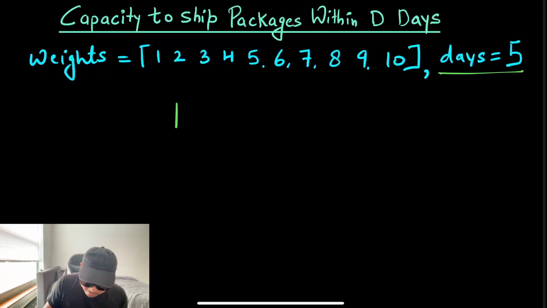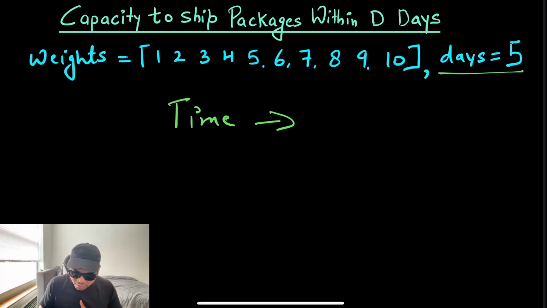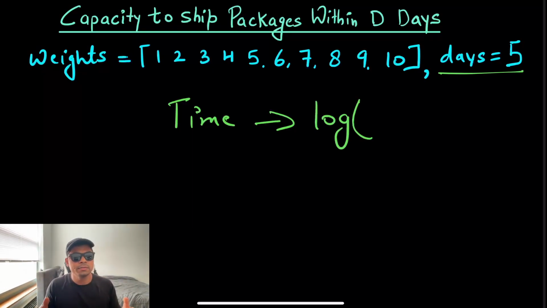So time complexity would be: you are doing binary search on the range of capacity, from the minimum value to the maximum value. So we could just say from 1 to the maximum k, so let's choose that value as k.